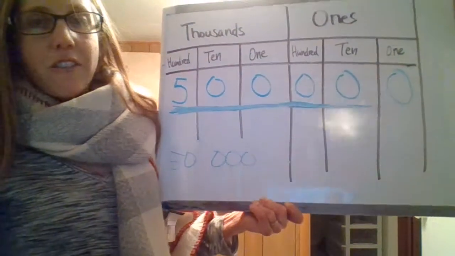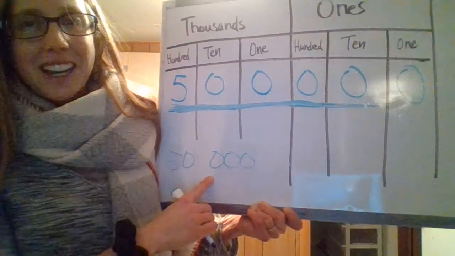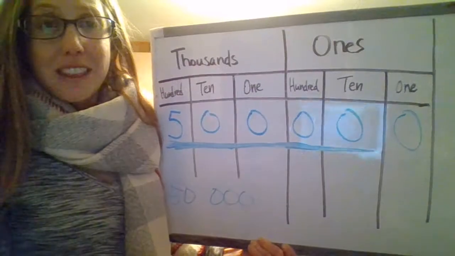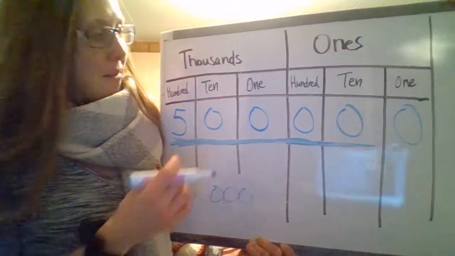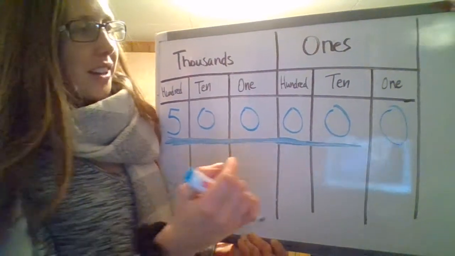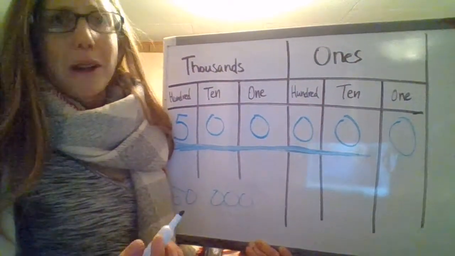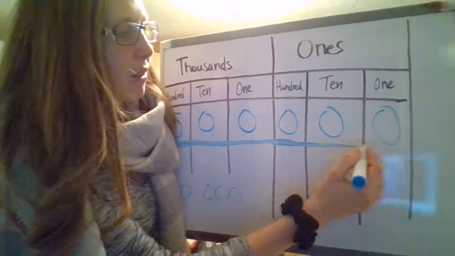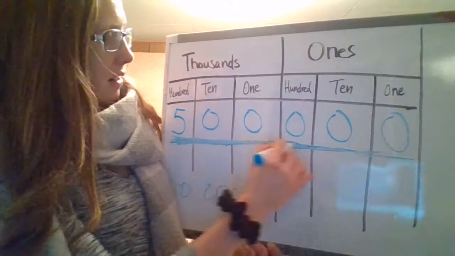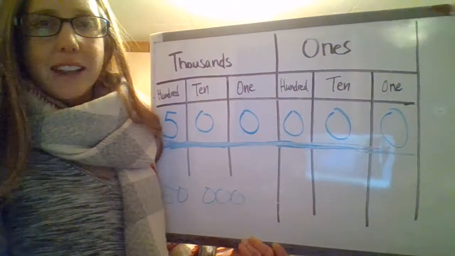So I have 50,000 tens, or I would need 50,000 $10 bills. It's another way to think of it, to make 500,000. Okay. So if I said, well, how many ones or how many loonies are in 500,000? Well, it would be the whole way over. We're going to go all the way over to the ones place. All right. So that's pretty much it.